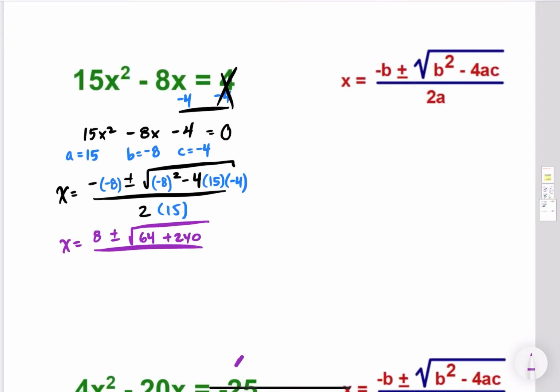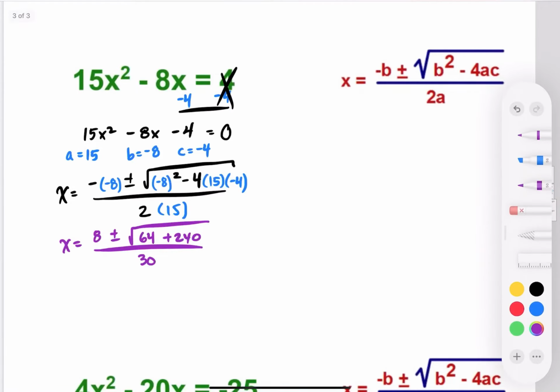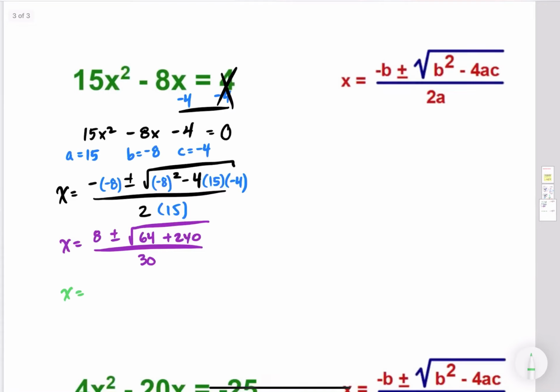All over 2 times 15, which is 30. Okay, so what I'm going to do is combine my 64 and my 240. So if I combine that, that's now going to give me x is equal to 8 plus or minus the square root of 304 all over 30. Now 304 is not going to give me a nice number, so I'm going to go ahead and do the same thing.